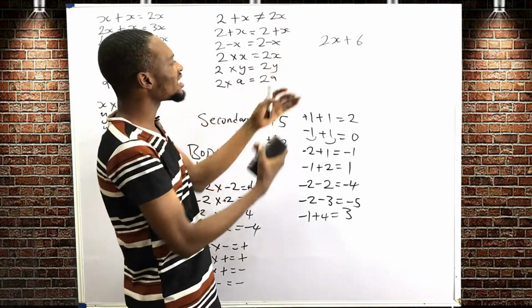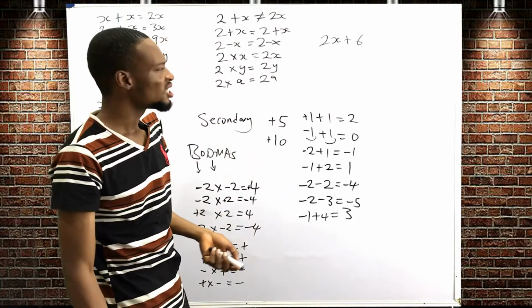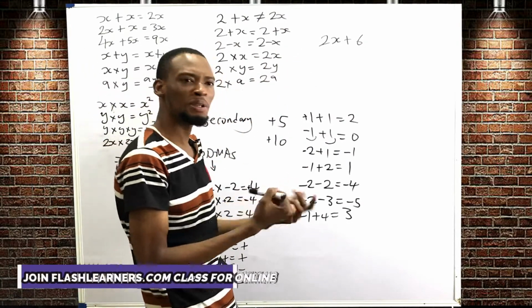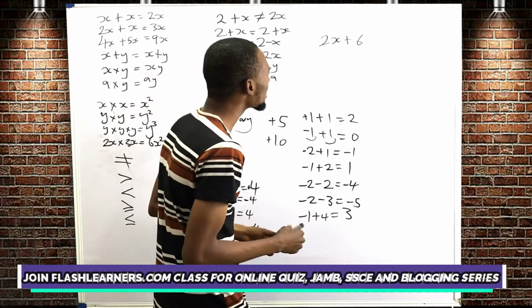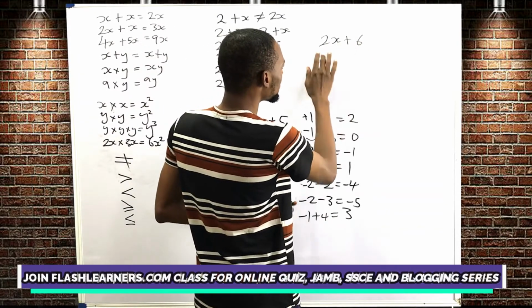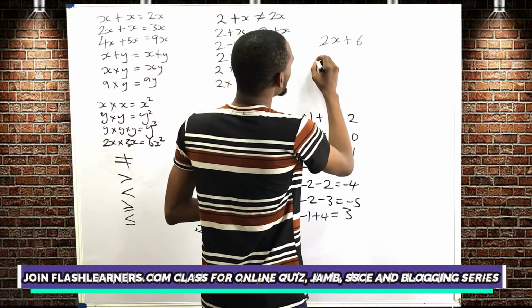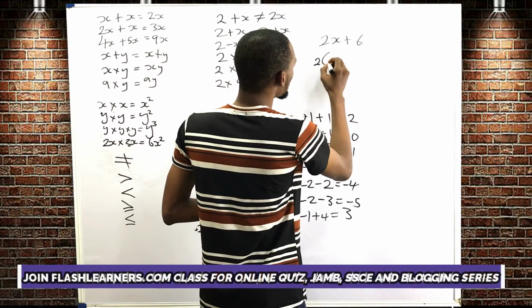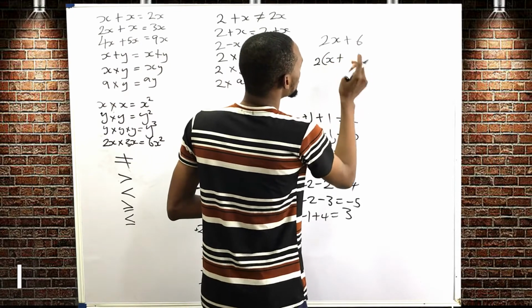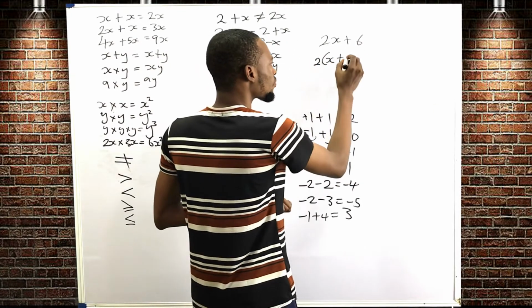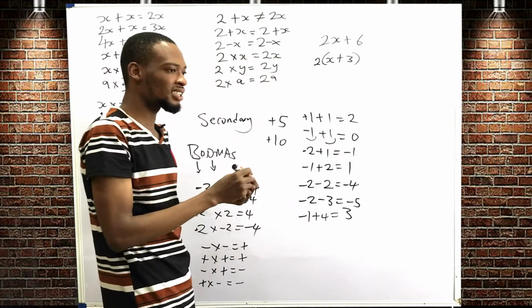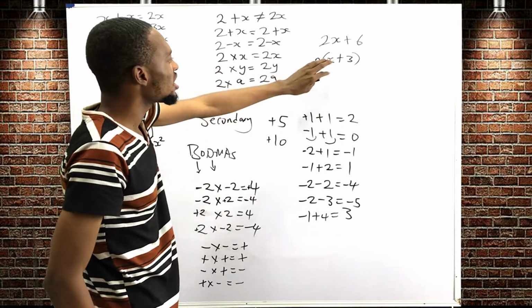So if I give you something like this, I say look for s, the best you can do is probably to factorize and say okay, 2 can divide 6 can divide 2. You say okay, 2 out, s plus 6 divided by 2 is 3. So this is the same thing as 2 times s plus 3.